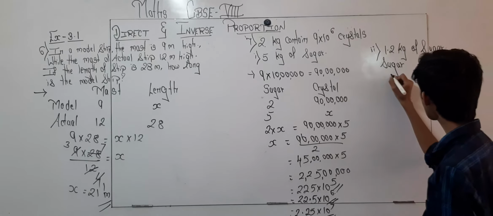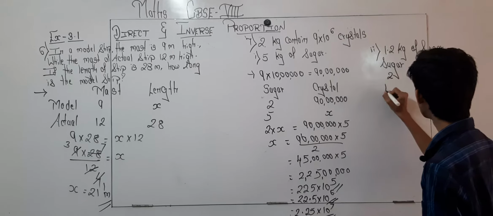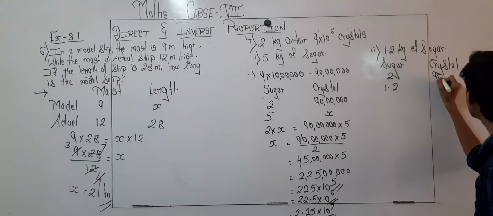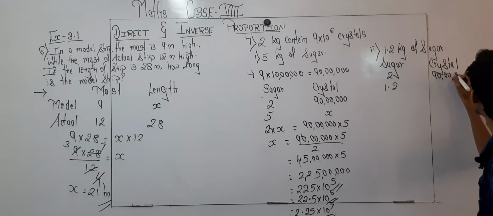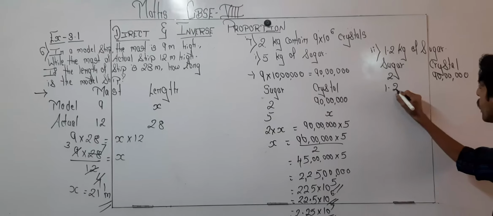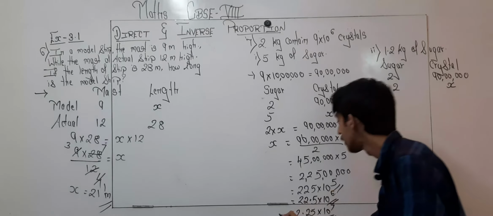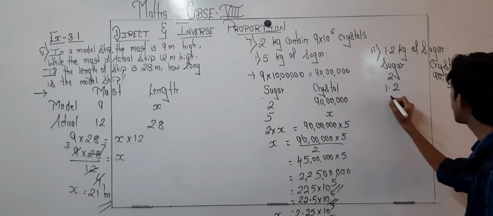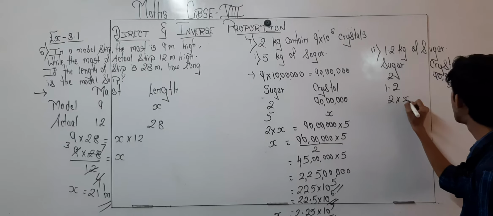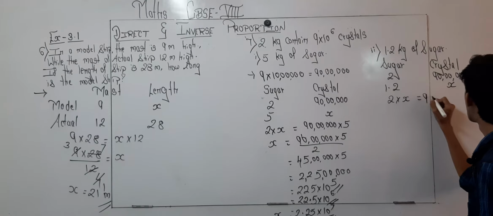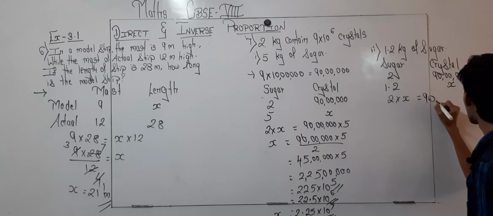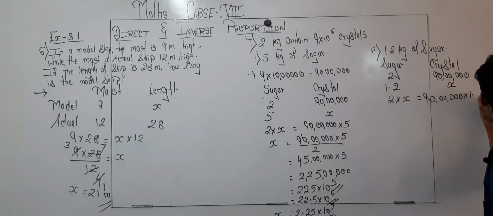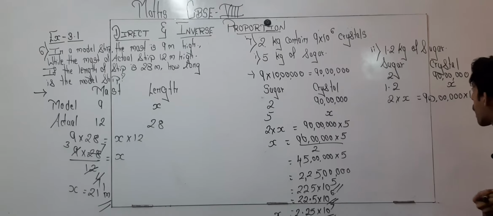Now from 2 kg it got decreased to 1.2 kg. It was 90 lakhs over here. So what will be over here? Okay, so again with the same concept, 2 into x will be equal to 90 lakh multiplied by 1.2.